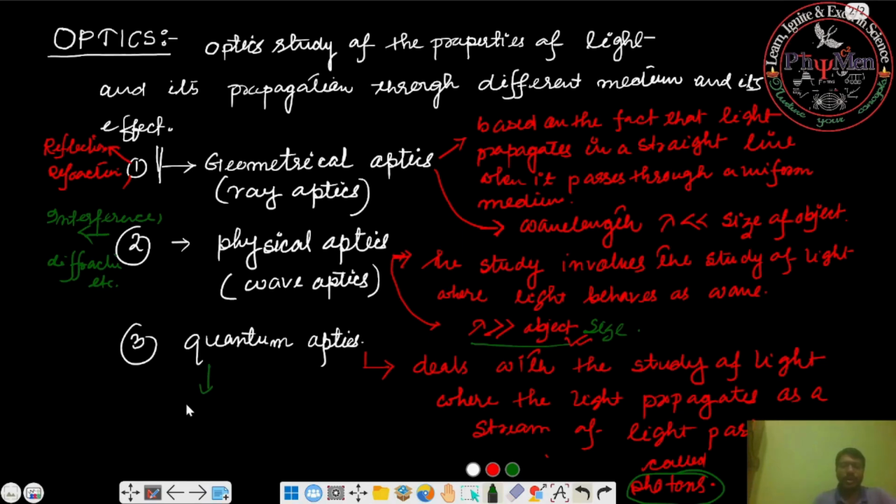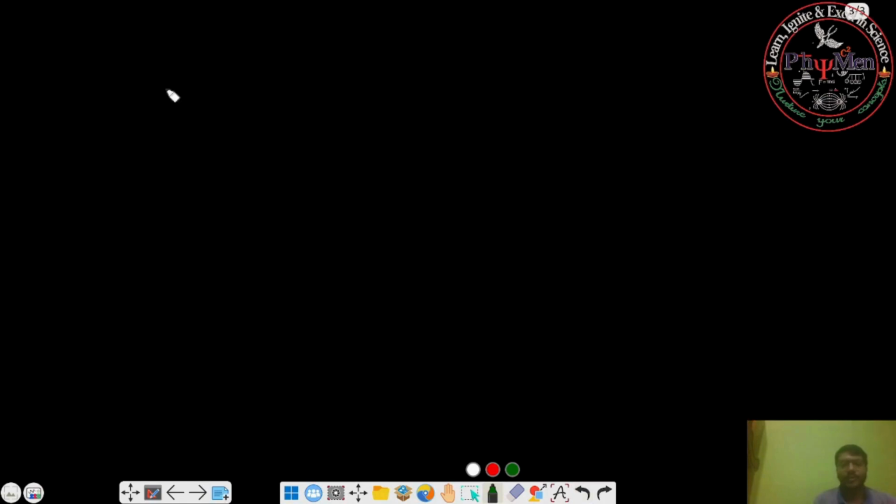Examples of phenomena here are the photoelectric effect and the Compton effect, etc. So for now, we will study geometrical optics, and we will define certain terms first.